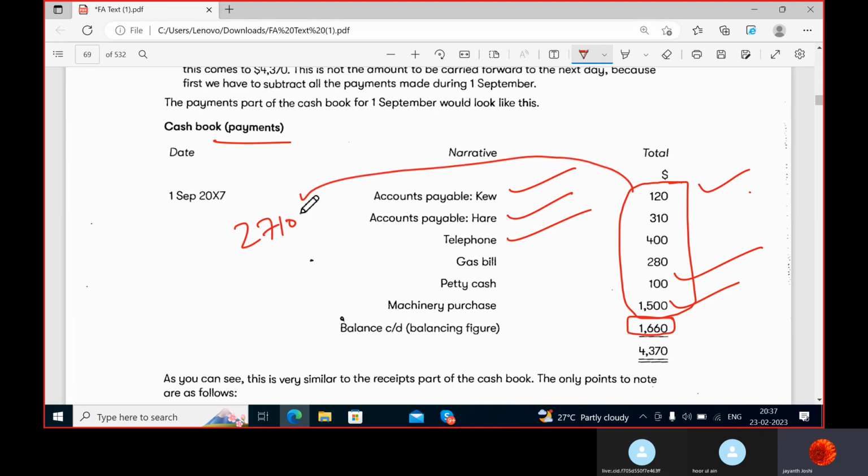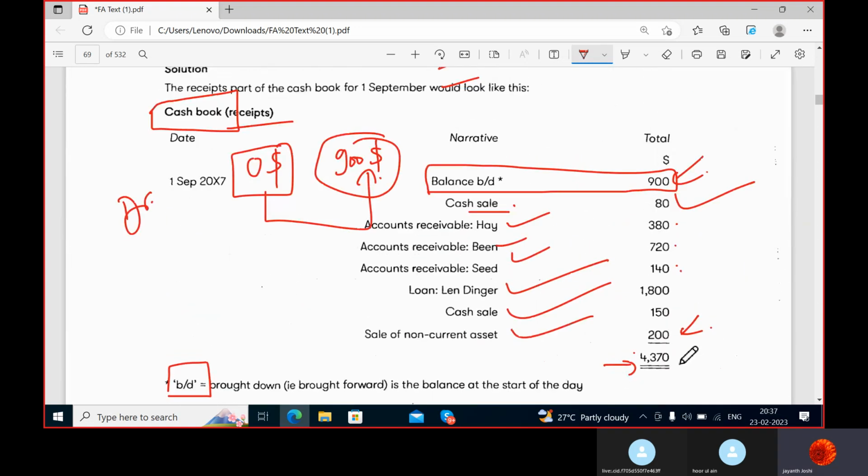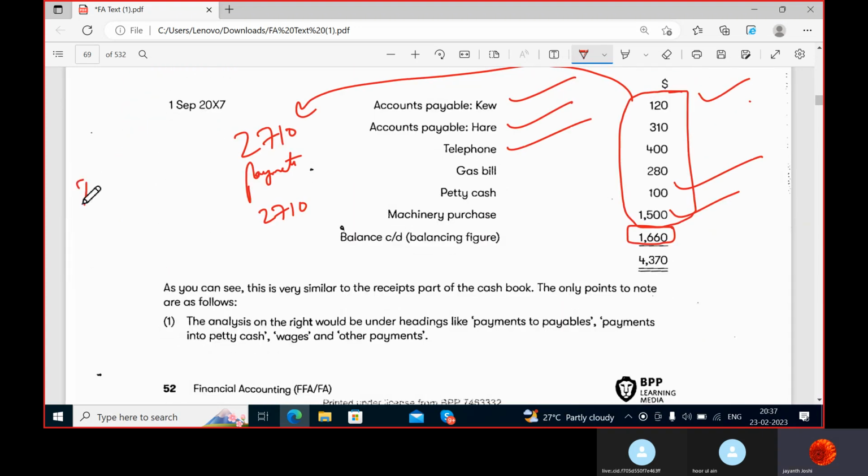Okay, this is the total of the payment side. So we put payments total as 2710. What is the total for receipts? 4370. That you have already totaled. So receipts 4370.